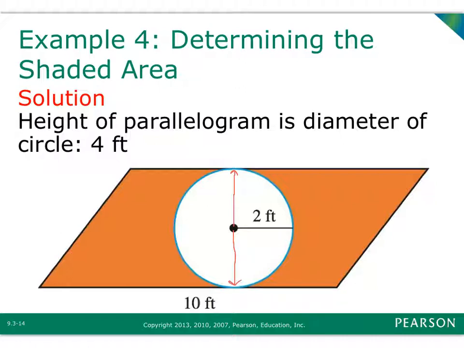Because we know the height and the base of the parallelogram, we can find its area. Our strategy is then to find the area of the circle, since we have the radius, and subtract the area of the circle from the area of the parallelogram to find the shaded area.